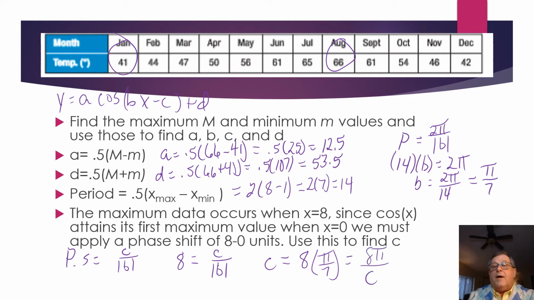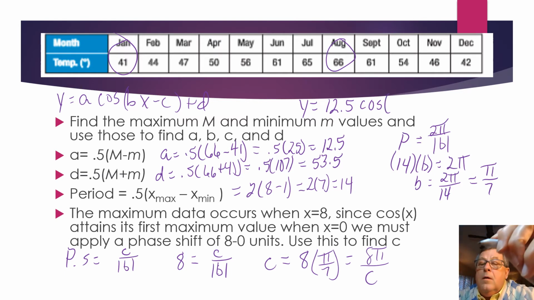And so now we're going to write our cosine function. We got y equals 12.5, our amplitude, times the cosine of, what is b?